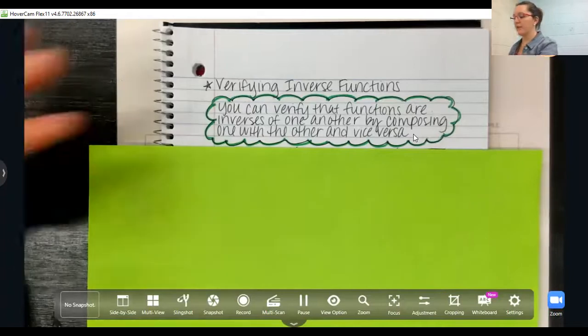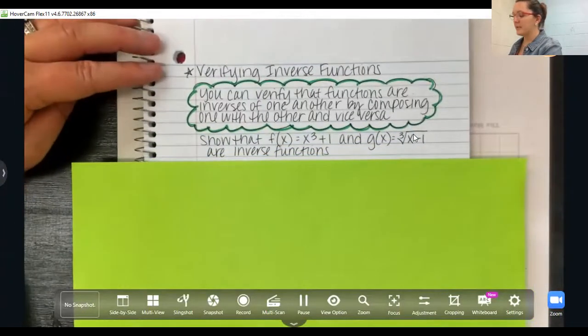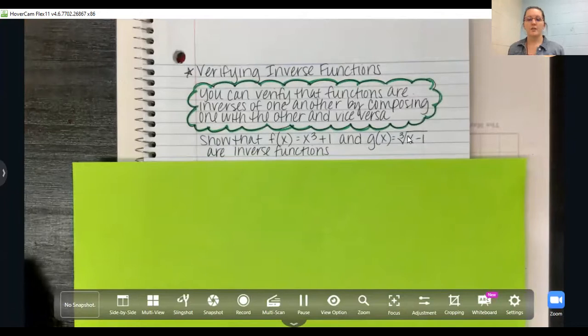So let's have an example. Let's see these two functions here. We have x cubed plus 1 and the cube root of x minus 1. I want to look at them here on the graph first.